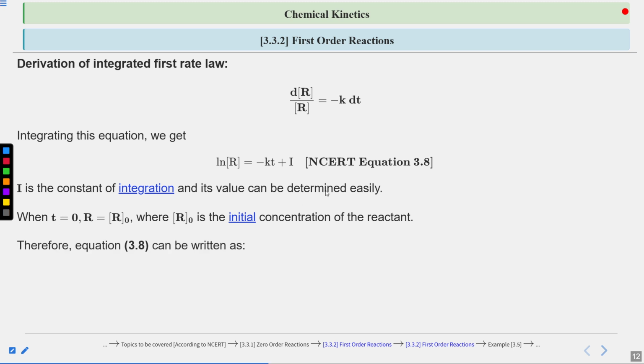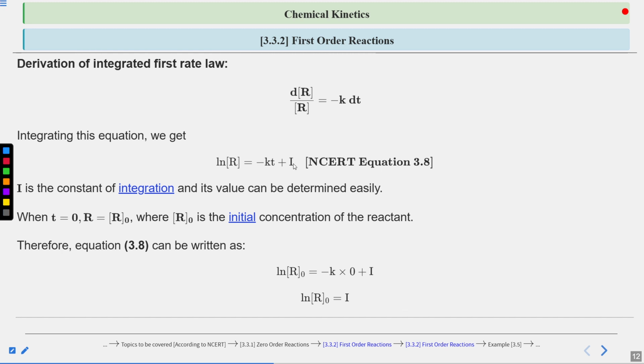Therefore, equation 3.8 can be written as ln r naught is equal to minus k multiplied by 0, because we are taking t as 0, plus I. From here, I will be equal to ln of r naught. So we get the value of I, which is ln r naught.